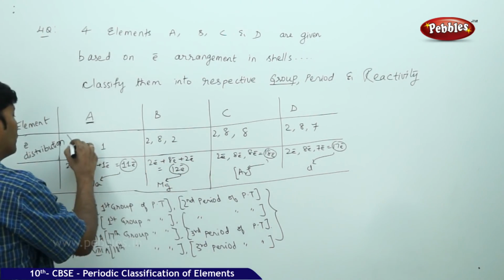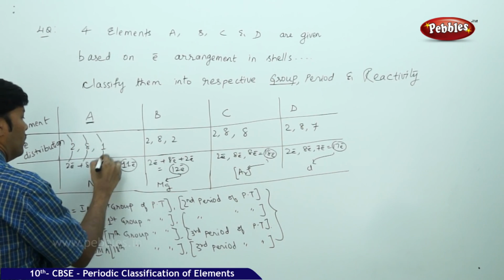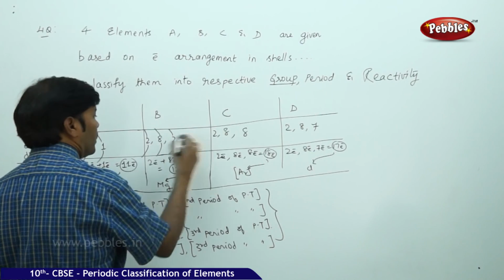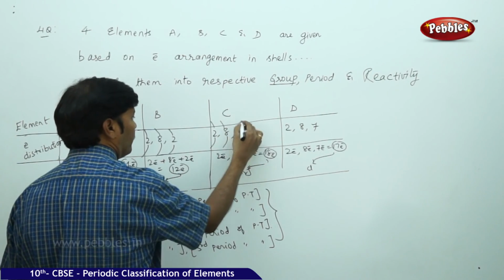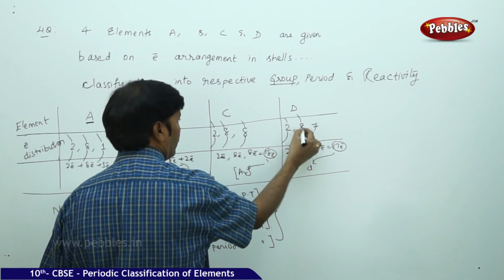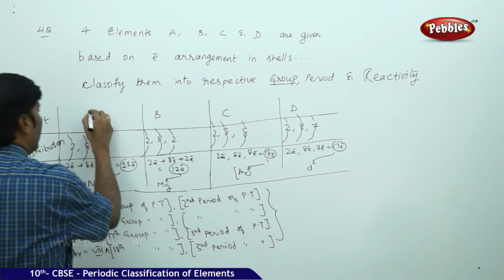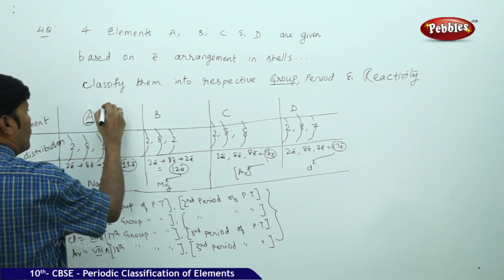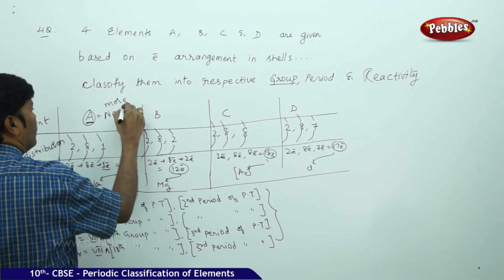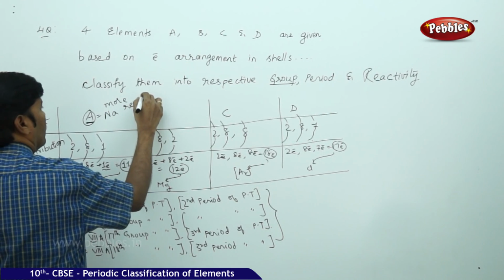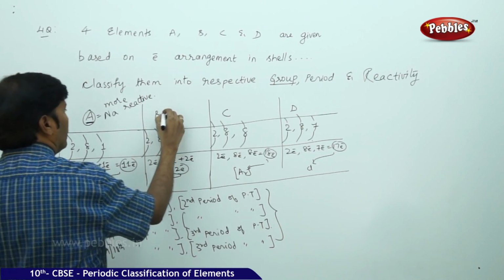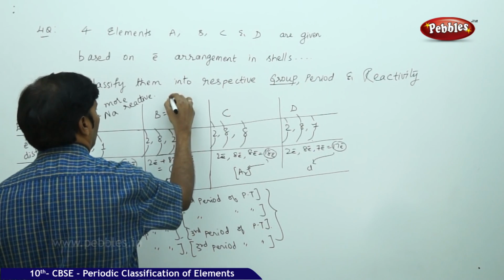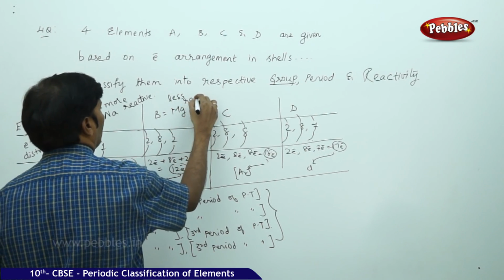Among these, sodium contains incompletely filled electrons in the valency shell, so it is chemically reactive. So here A is sodium, incompletely filled electrons in the outermost orbit, so more reactive. B, magnesium, less reactive because of stable electronic configuration.